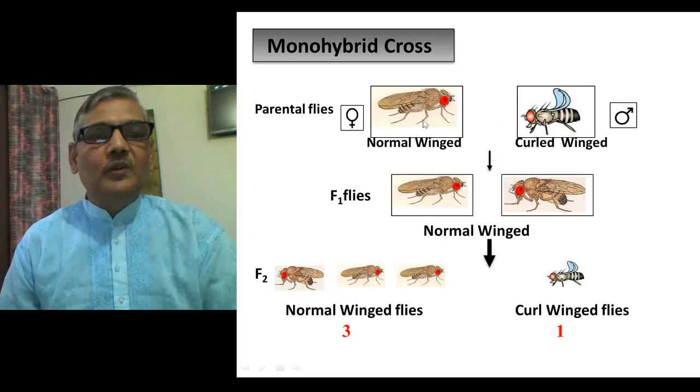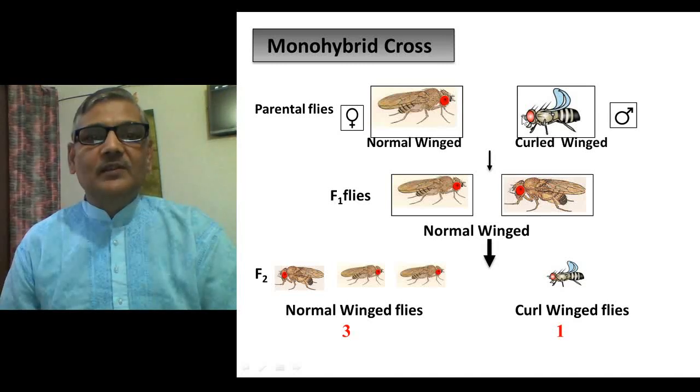So what we do, we collect virgin female flies from the wild type stock, that is the stock in which every feature of the fly will be normal. We collect female flies from that stock, and then such flies are crossed with mutant males.